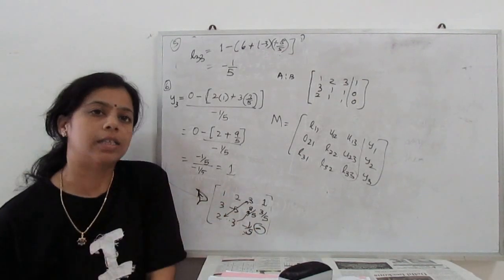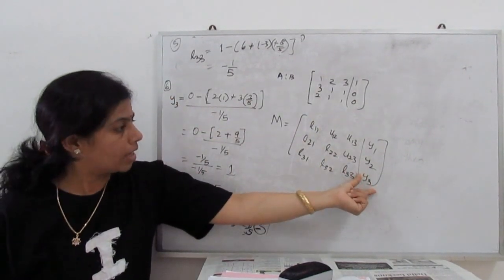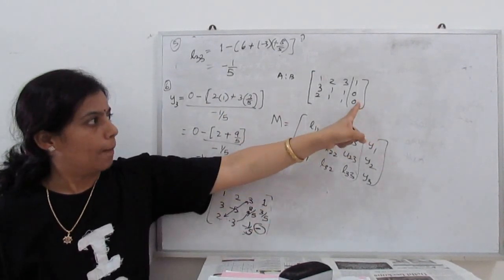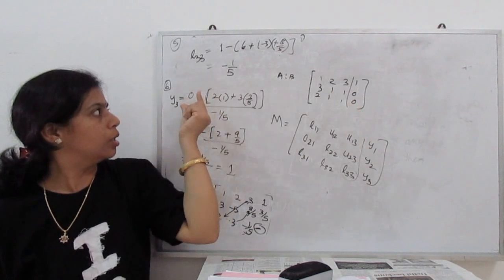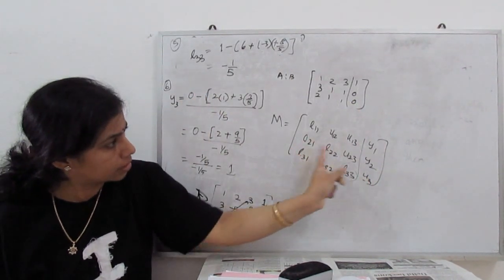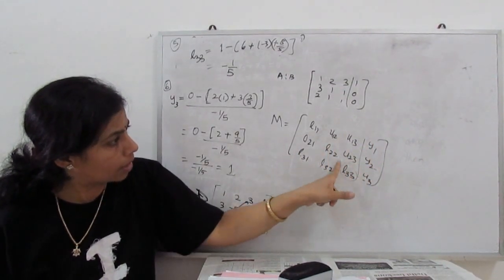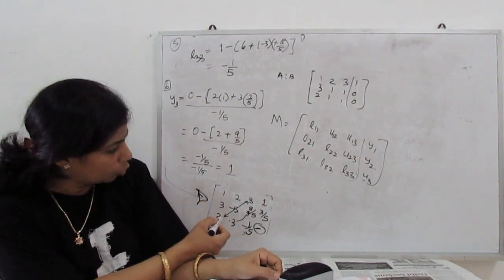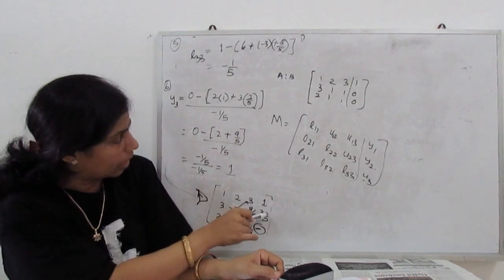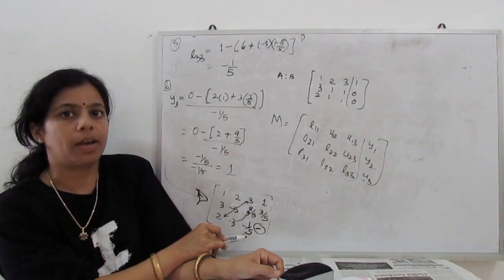Now this is the last step. Our last element is Y3. So for Y3 we calculate in the same manner. B3, 0, minus this times this plus this times this, divided by this. So 2 times 1 plus 3 times 3 by 5, divided by minus 1 by 5.